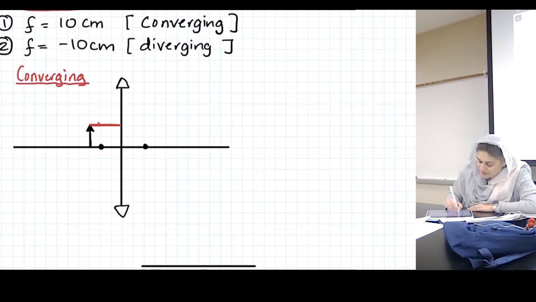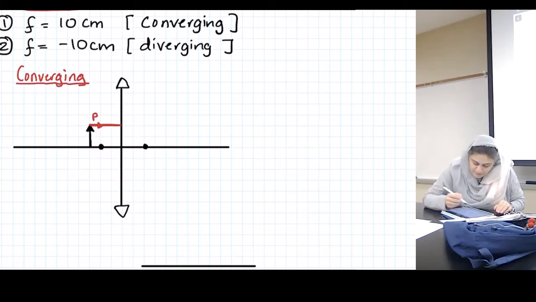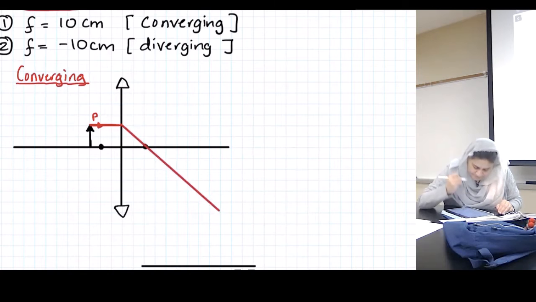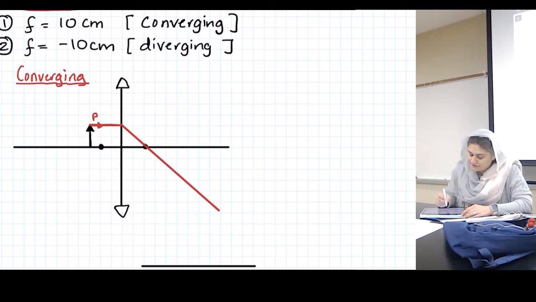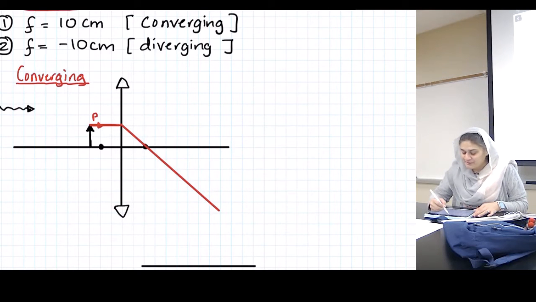So this is where my parallel ray starts. And then it has to go through my focal point. And I tend to do this to remind myself that all of the rays are coming from this side.